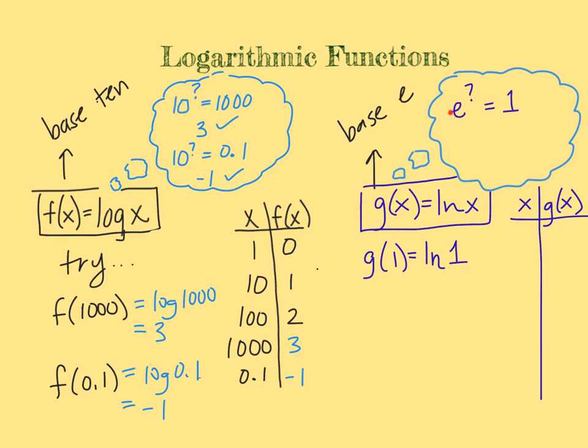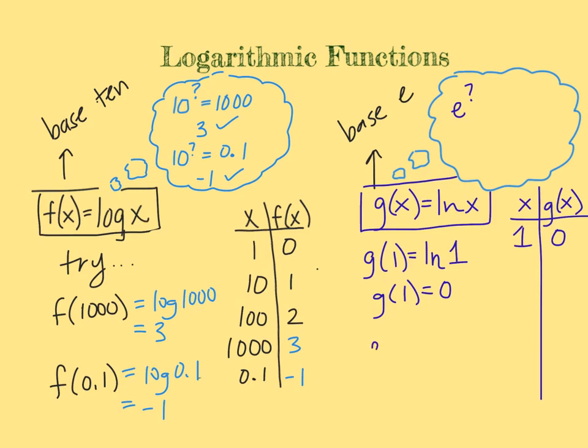Well, I know that if I raise any number to the 0 power, I'll get a 1. So the natural log of 1 is 0. So when we plugged in 1 to our function, we got an output of 0 because of the way logarithms work.